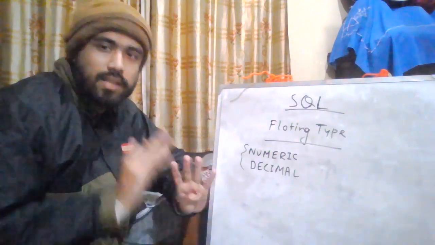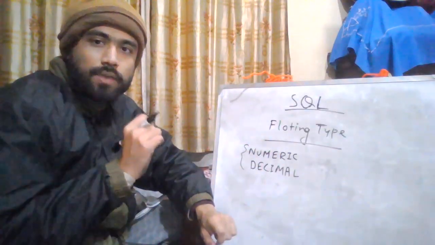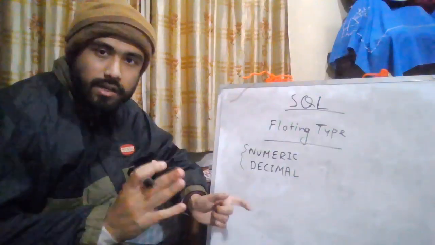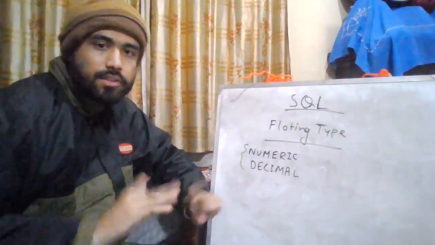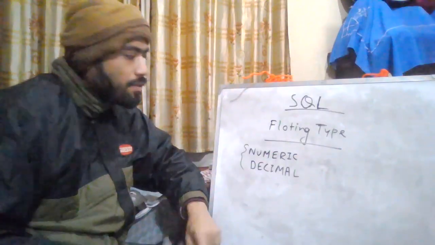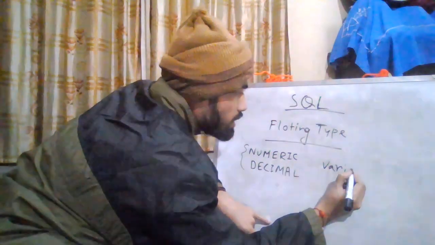There is flexibility. So in numeric and decimal, it is not defined that this much of data will be there, only this is the range and you cannot increase or decrease it. You can increase or decrease according to your requirement. So it is variable storage.